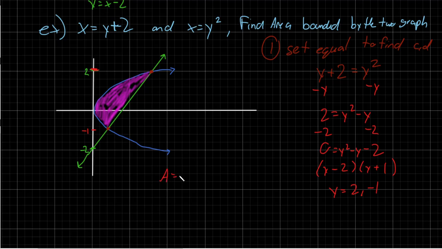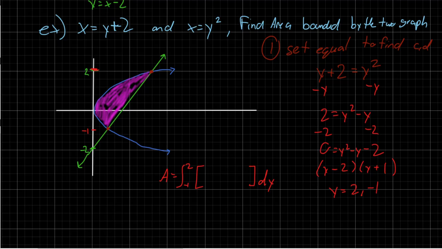So we got area equals integral negative 1 and 2 of dy. Okay, which graph should we put as f of x? The first one. The graph that is greater than g of x.